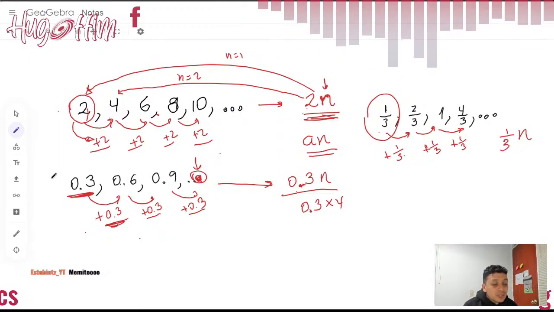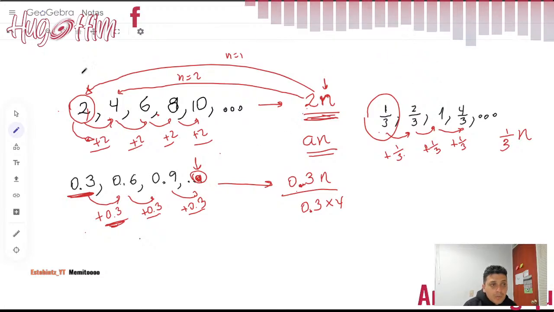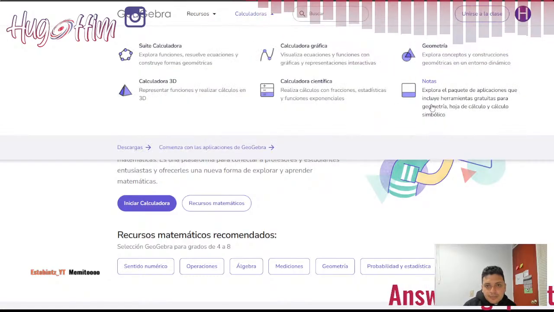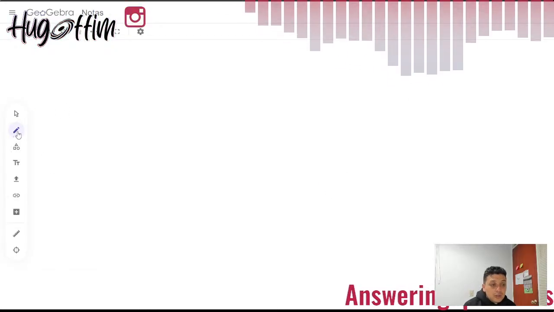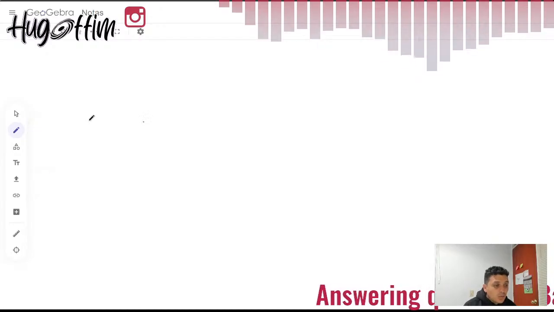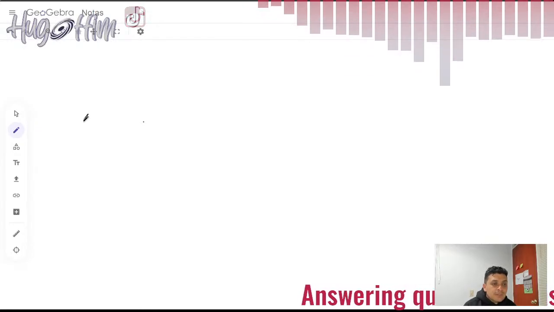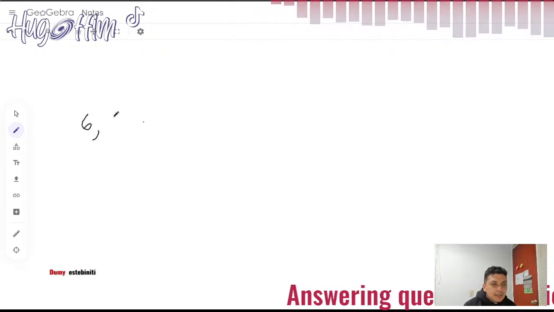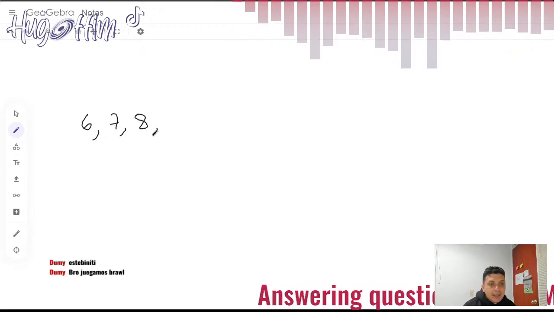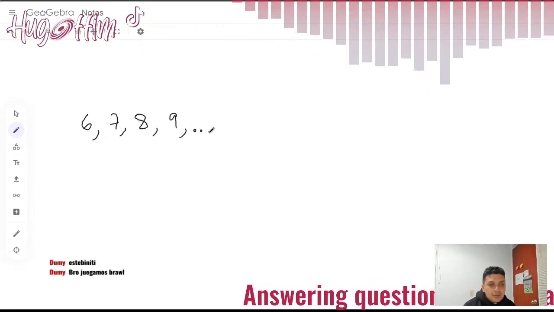Now, another type of basic sequence you can use. I'm going to open a new one. Another sequence you can use is when you have 6, 7, 8, 9, and continue.